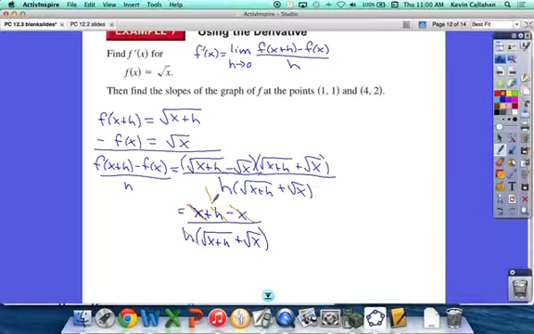So that's what it all simplifies as. Now I can go back up here and say this equals the limit as h approaches 0 of 1 divided by the square root of x plus h plus the square root of x.